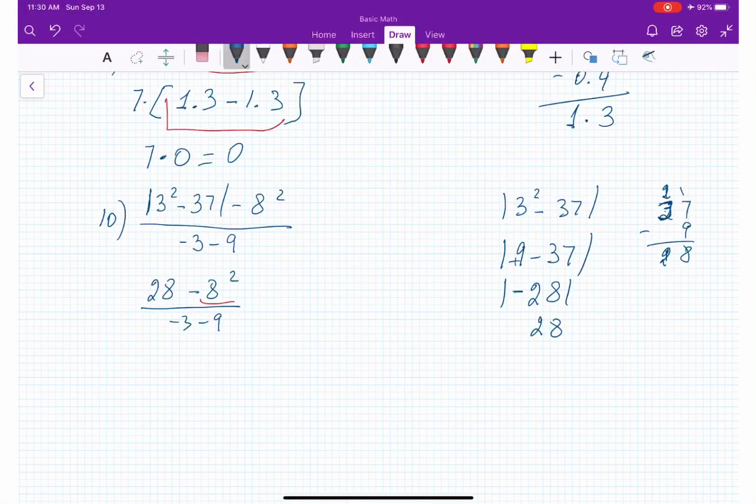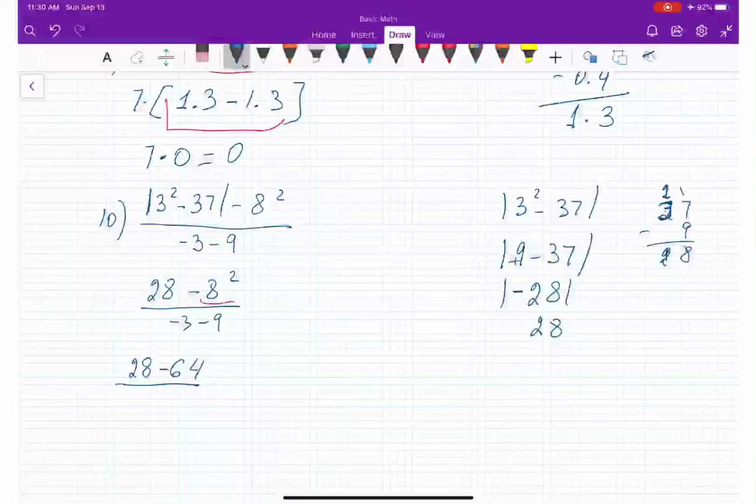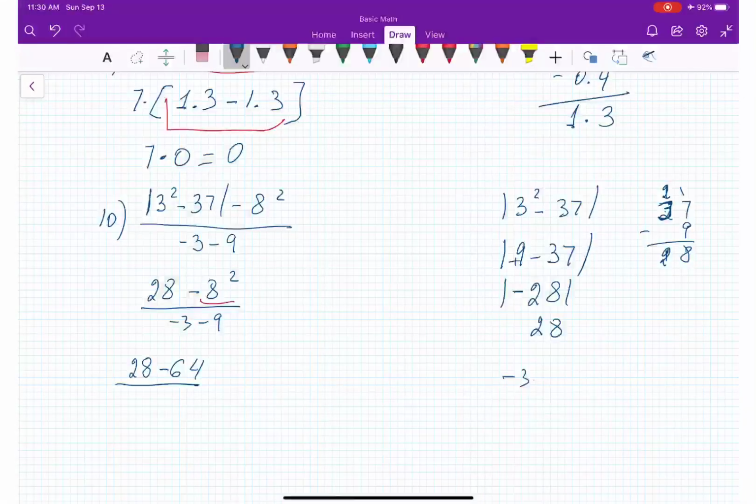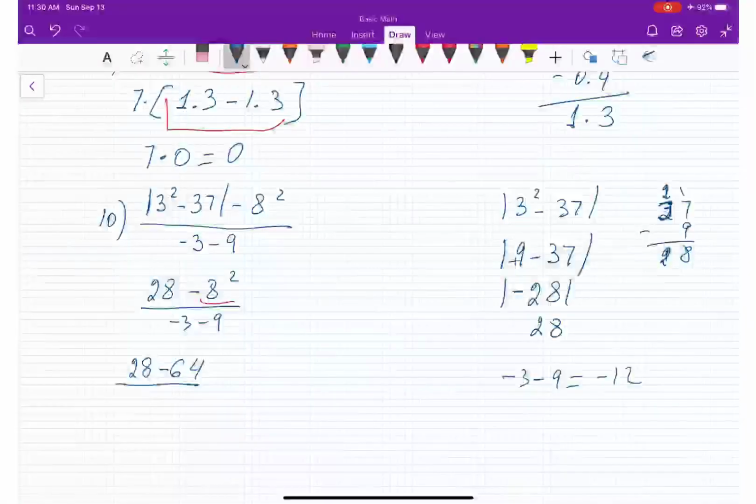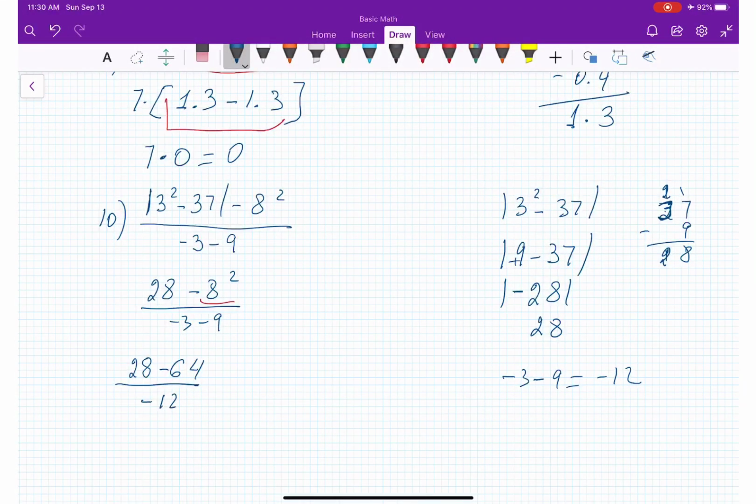It's going to be 28 minus 8 squared, which is 64, over negative 3 minus 9. Negative 3 minus 9 equals negative 12, because both of them are negative, we are adding, and we put a negative sign.